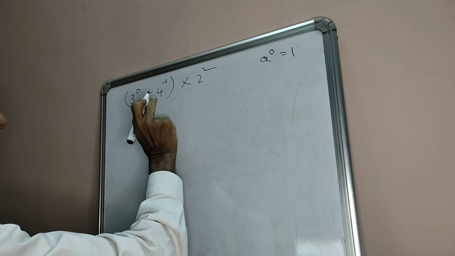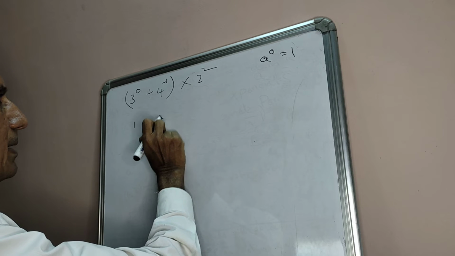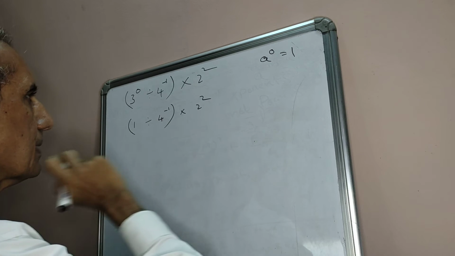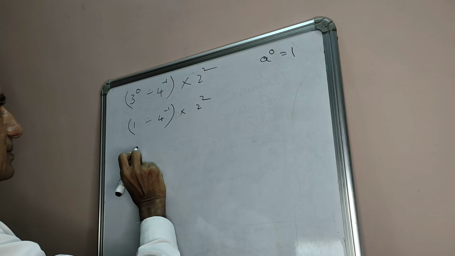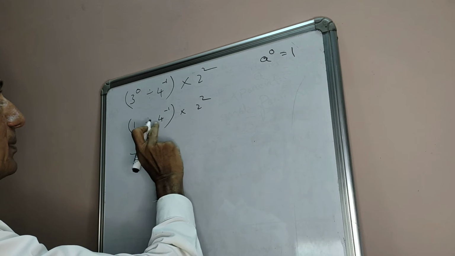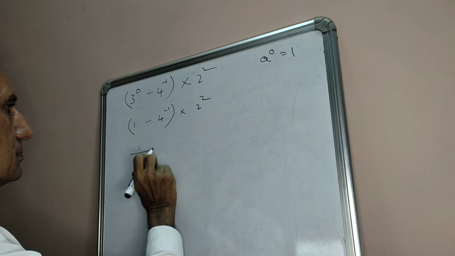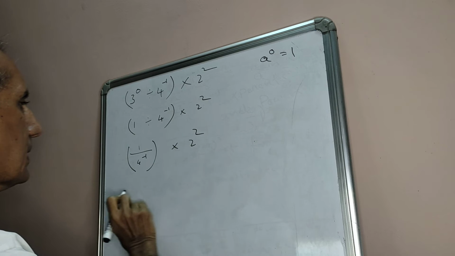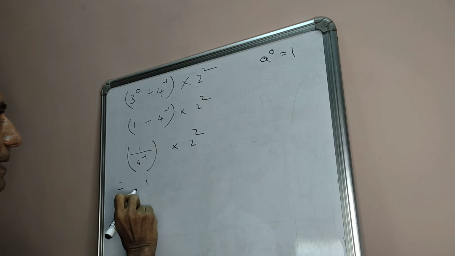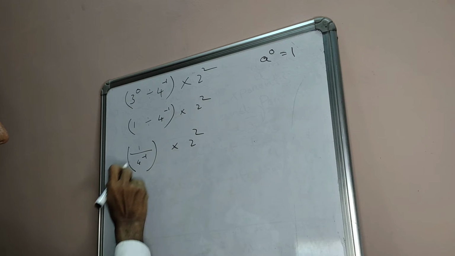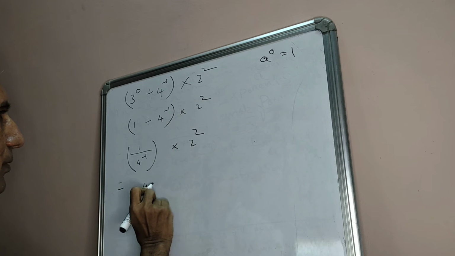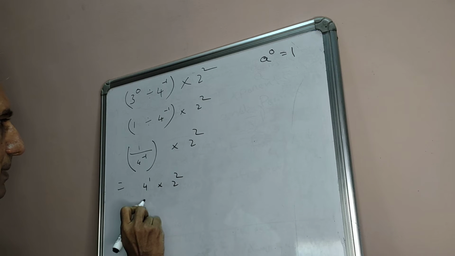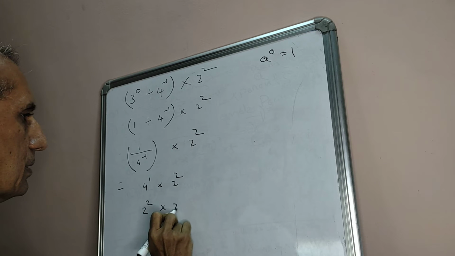Now 1 divided by 4 to the power minus 1, into 2 square. I can write 1 by 4 to the power minus 1 as 4 to the power 1, into 2 square. 4 I can write as 2 square into 2 square.